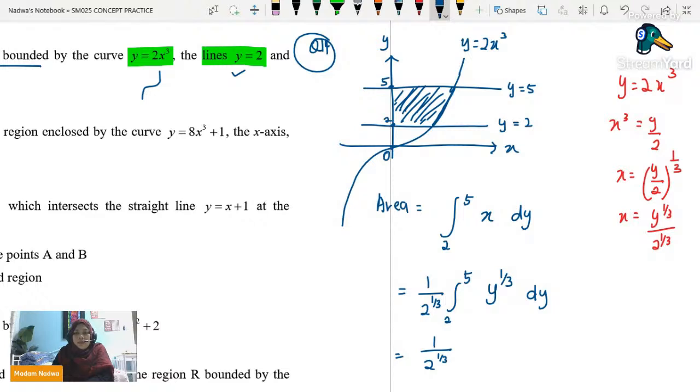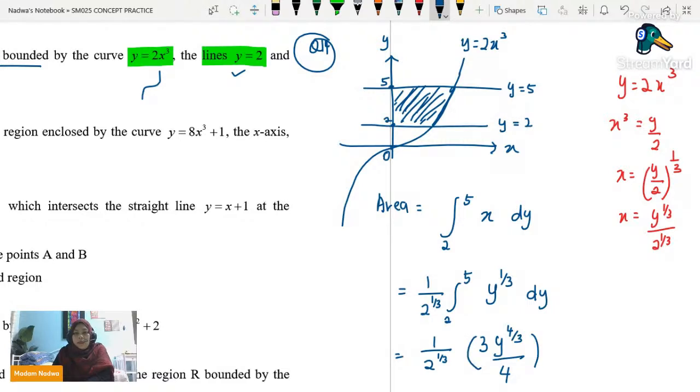Dan boleh terus integrate y to the power of 1/3 macam biasa je guna power rule. Kita akan dapat y to the power of 1/3 tambah 1, kita dapat 4 over 3 over 4. Lepas tu darabkan dengan 3 kat sini, sebab bahagi dengan power kan. Over 4 over 3, tapi 3 boleh bawa ni atas lah.